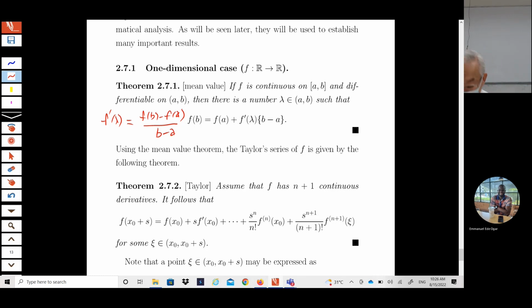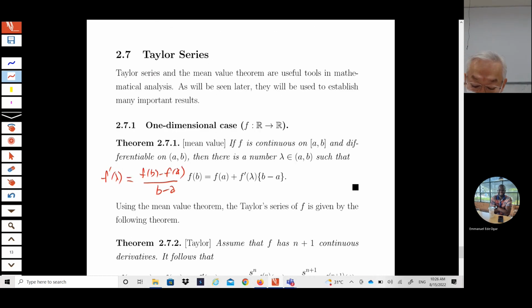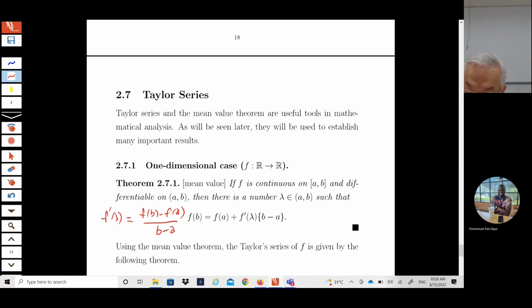So what does it mean? This is a, this is b. This is the function f.